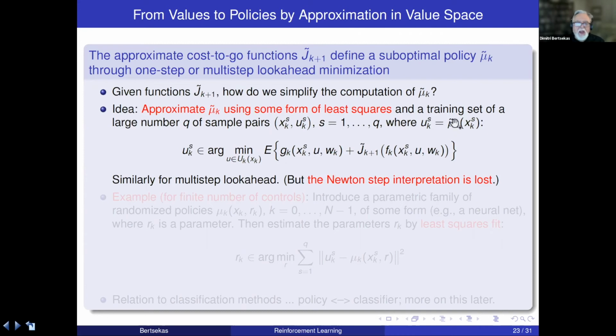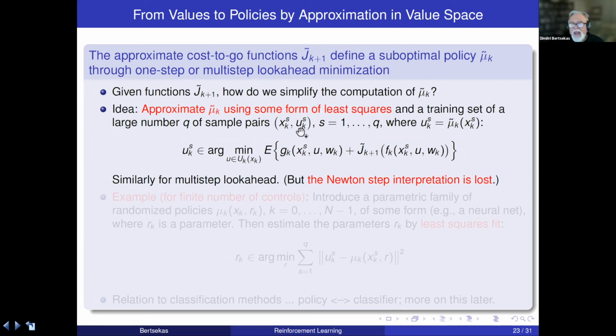So you generate data pairs of states and controls, where u^k(s) is the control that corresponds to state x^k_s through one-step look-ahead. Remember, we have J tilde, and we look at many states. We sort of sample the state space with a sufficiently rich number of states, and we do this calculation offline.